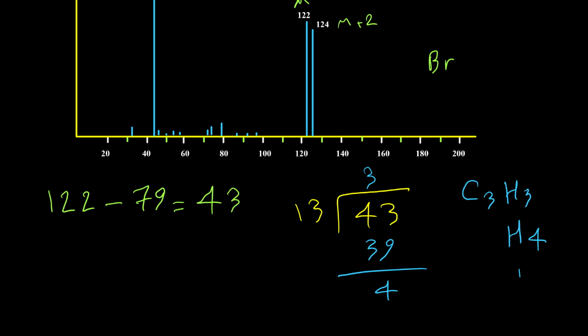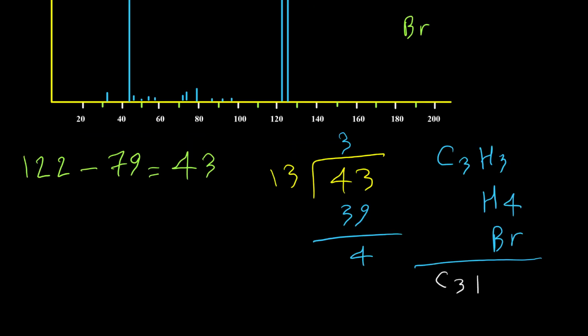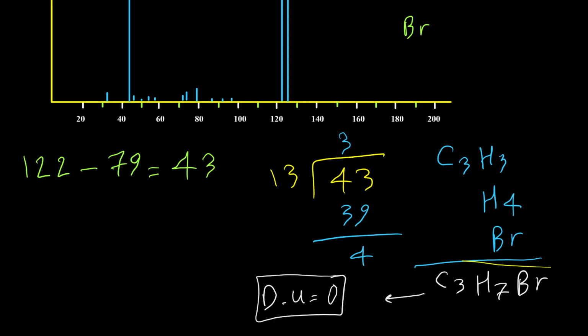And of course we have 1 bromine as well. Then the formula of this compound is C3H7Br. And if we calculate the degree of unsaturation for this compound, it is equal to 0. So there is nothing wrong with this formula.